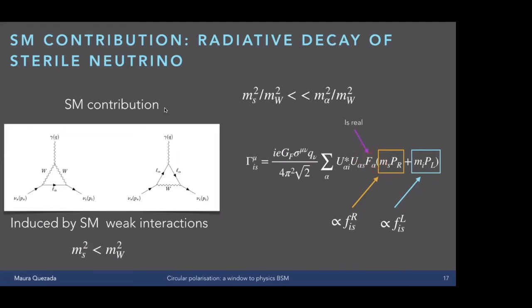This function here, which is a very well-known result from the literature, is going to be always 0. So there is no CP violation coming from these diagrams, right? So in this scenario, there's no way that we can generate CP violation in these radiative decays.